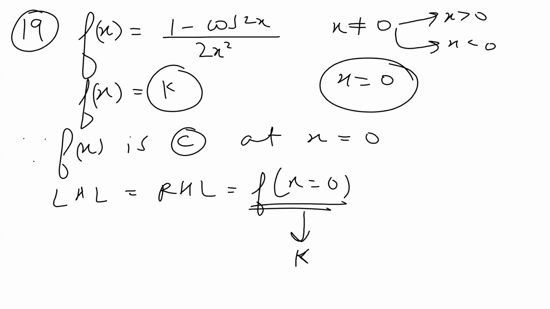So this k will be equated to either LHL or RHL. In this particular problem, you can solve any one, either LHL or RHL, and equate it with k. That's how you'll get the value of k. So I'll take RHL. You can also take LHL, not a problem.